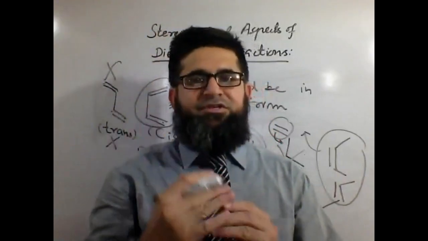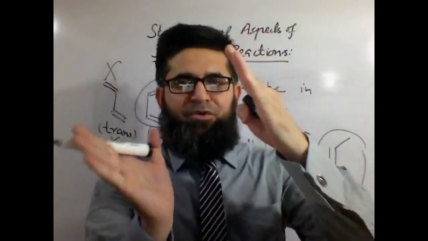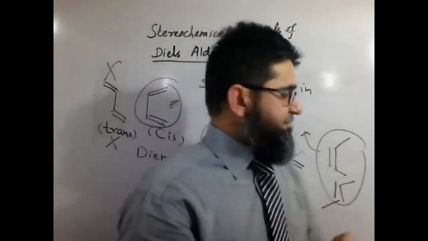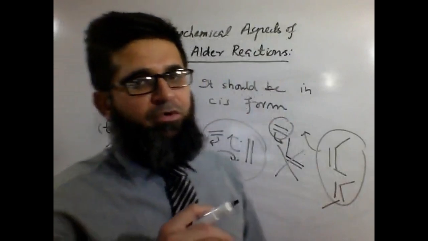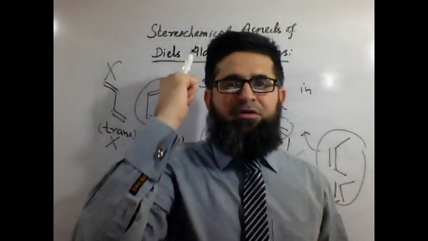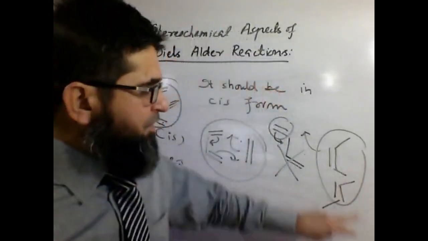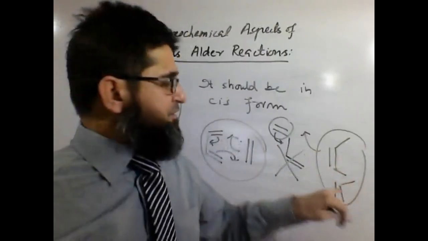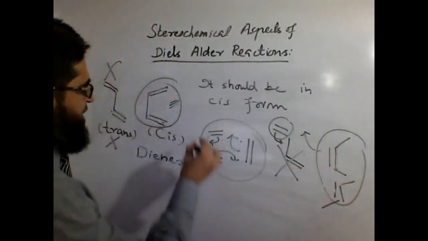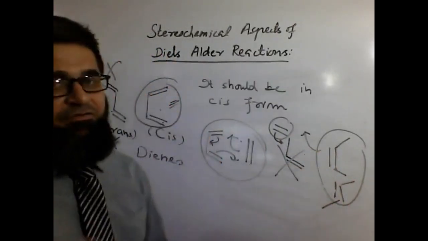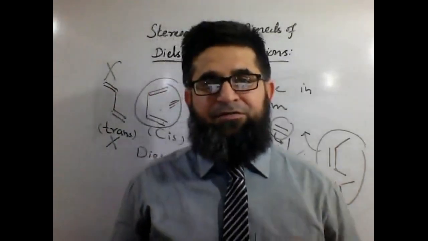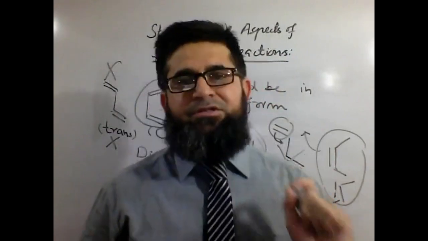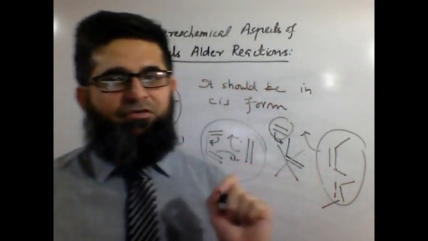If cis, you write both bonds in bold or both dotted. If trans, one bond is dotted and the other bold. So we can deal with the stereoisomerism of dienophiles. However, dienes are always supposed to be cis. If present in the trans form, they cannot undergo the Diels-Alder reaction. That's a very basic requirement.